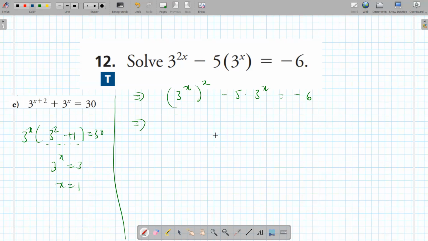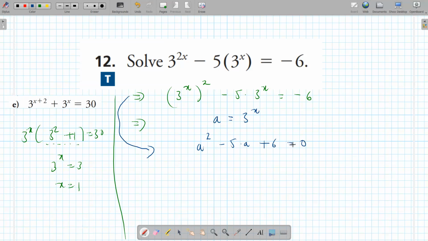What if I let, and this is the trick, once you know it, you can do all of these questions. What if I let 3 to the x be a? Now, what does this equation turn into in terms of a? A squared minus 5 times a equals negative 6. You can bring that negative 6 onto this.